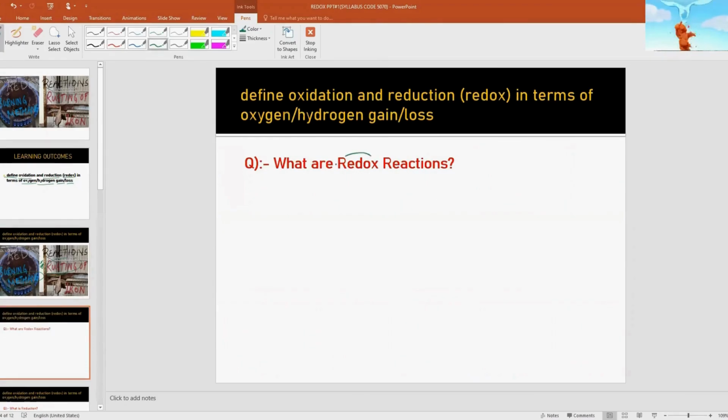What are redox reactions? These are the reactions in which both reduction and oxidation take place at the same time. Let me write.